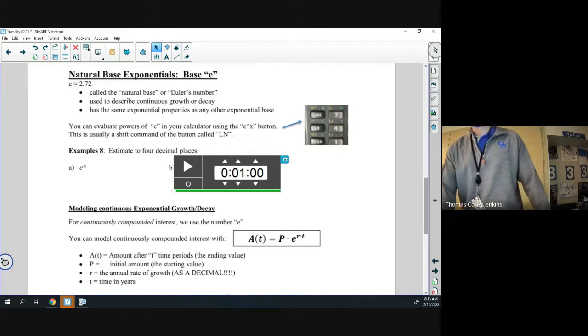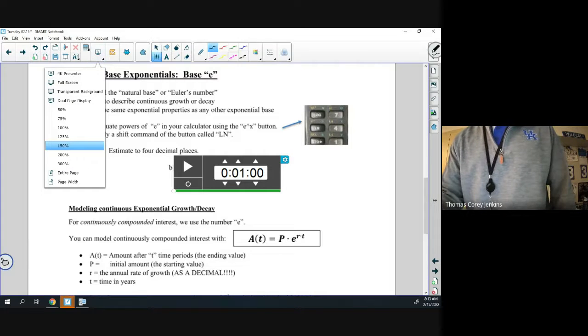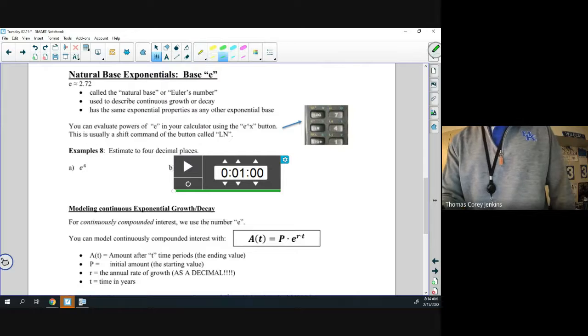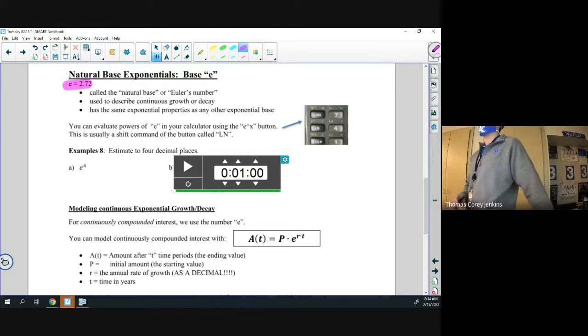For now, you can just know that it's some irrational number, kind of like pi, never terminates, never repeats. Pi we estimate at 3.14. e is estimated to be about 2.72. So don't worry about a whole lot right now, like why we care about it.